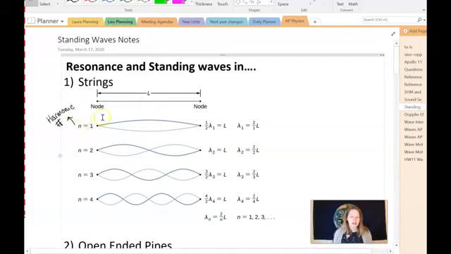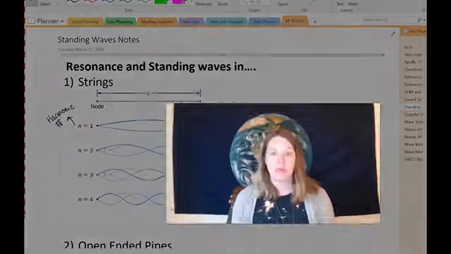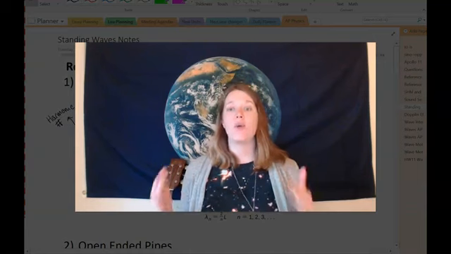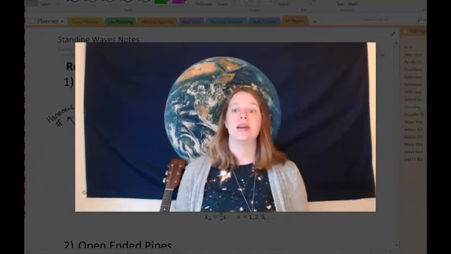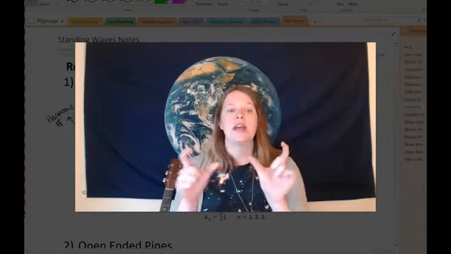And we can identify the multiple frequencies that we can make on a string by their harmonics. And this is our first dabble into the idea of what's called quantization, which is the foundation of quantum mechanics. Note the prefix quant, like quantity or quantitative, which refers to the idea of a specific amount.